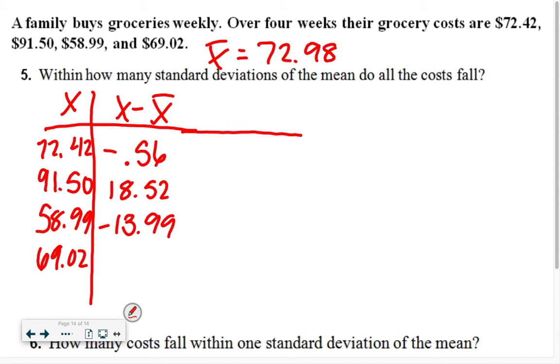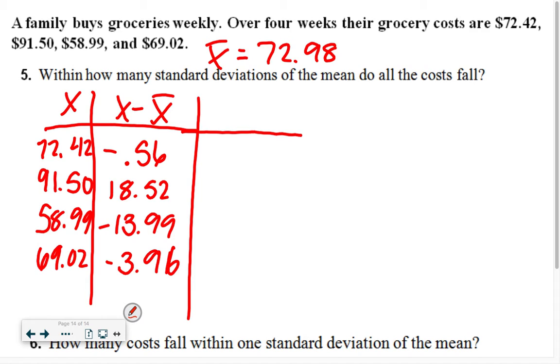Yep. And last one, negative 3.96. Did I scrap the last one? I got it. So that should be 3.96. Okay, thank you. Okay, next step.